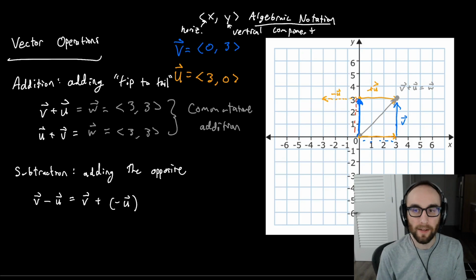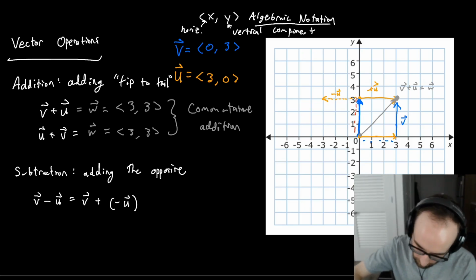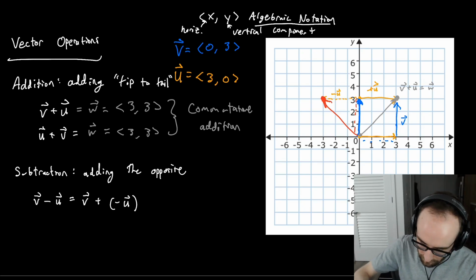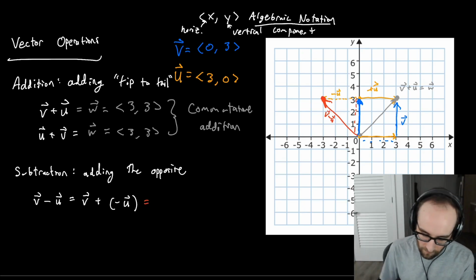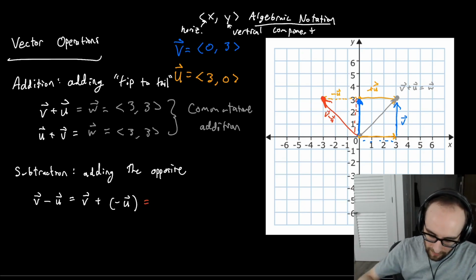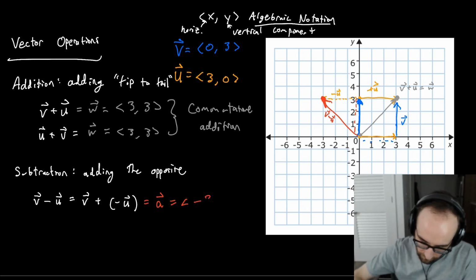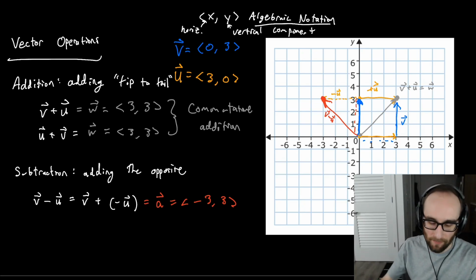So when we take v and subtract u, or add negative u, we end up at this point here. And that is going to be our result of v minus u. So we can call that, for example, a. In this case, it's going to be negative 3, 3. Okay, so just adding the opposite.